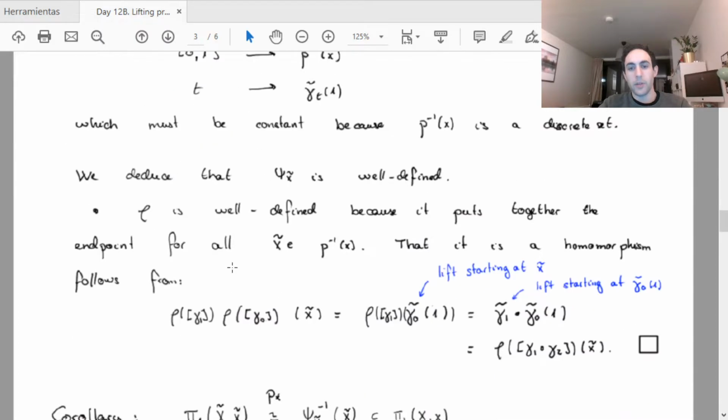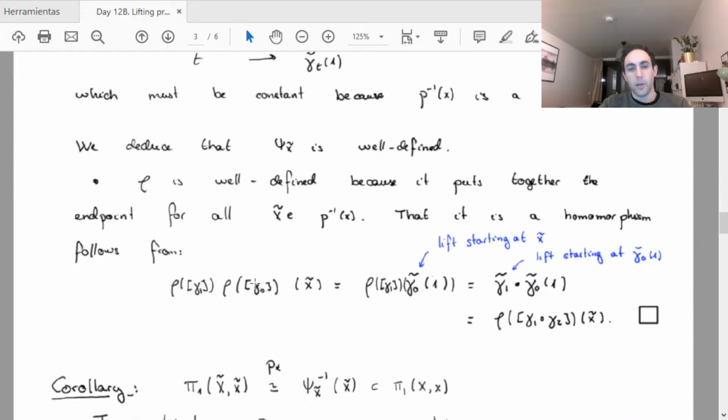And now how do you prove it? Well, you say the following. Let's take x tilde and apply to it rho of the class of gamma 0. What is this? Well, I take gamma 0 tilde of 0, gamma 0 tilde of 1, where gamma 0 tilde is a lift of gamma 0 starting at x tilde.